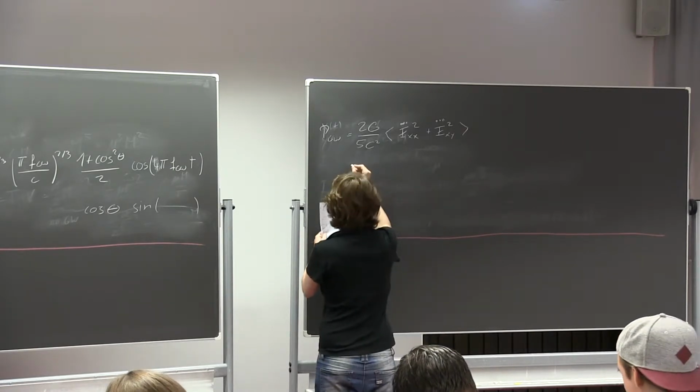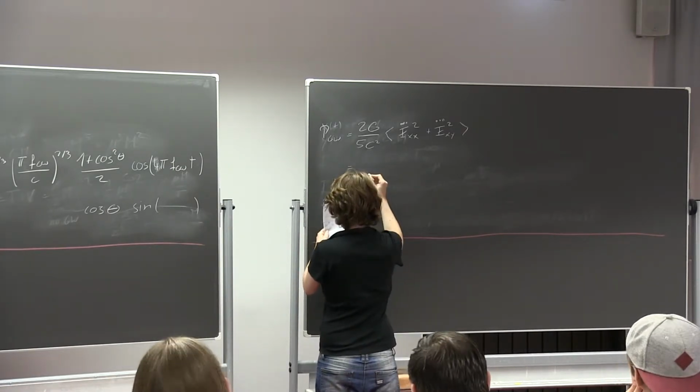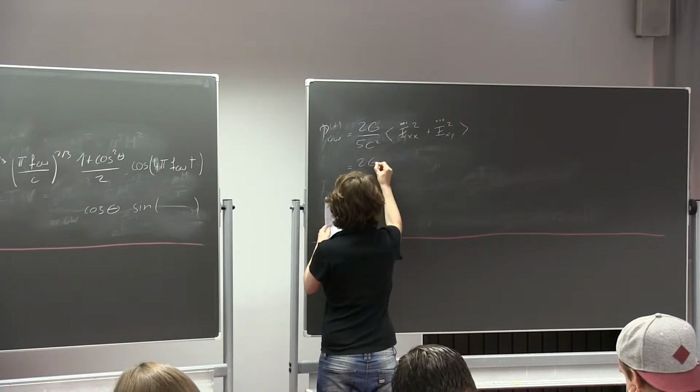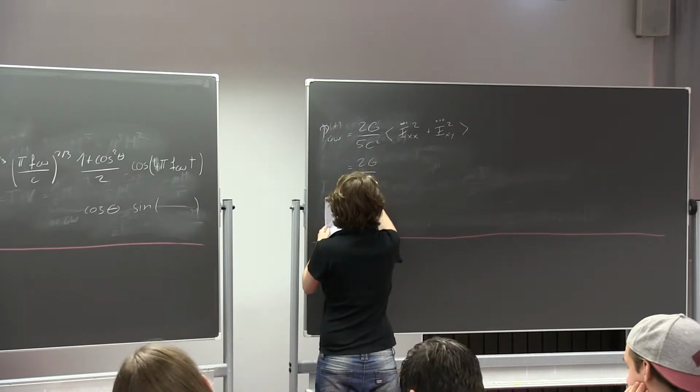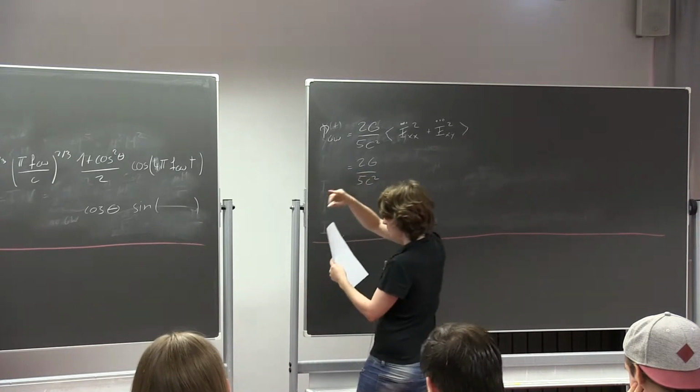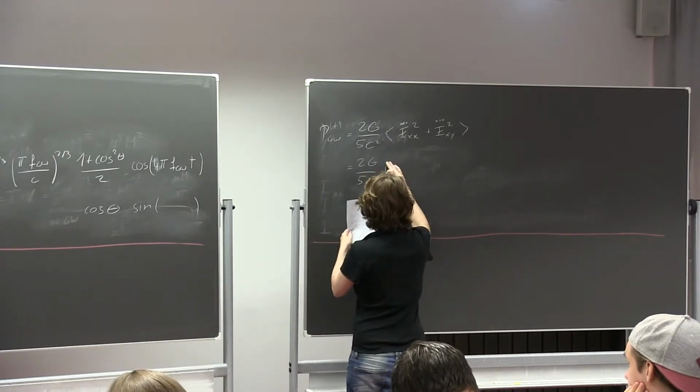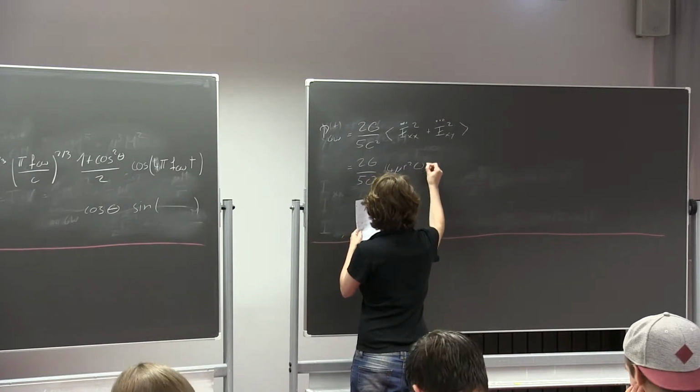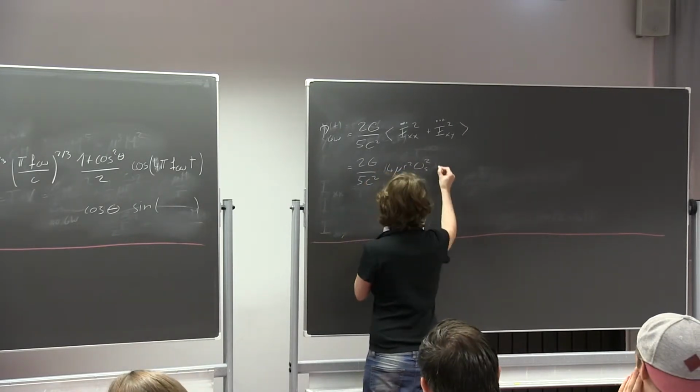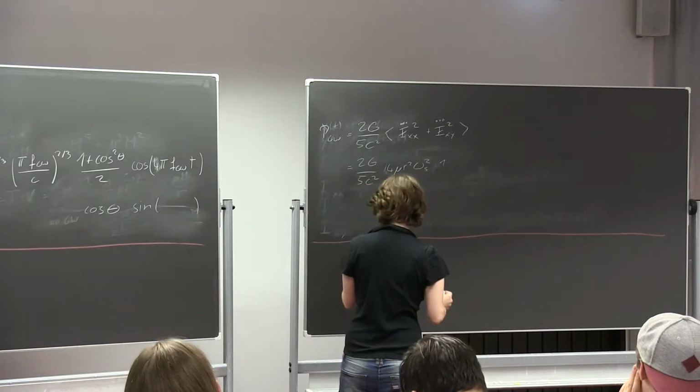So you get 2G over 5c squared, this prefactor, then the prefactor from over there. So that's 4 mu r squared omega s squared times 1, cosine squared plus sine squared.